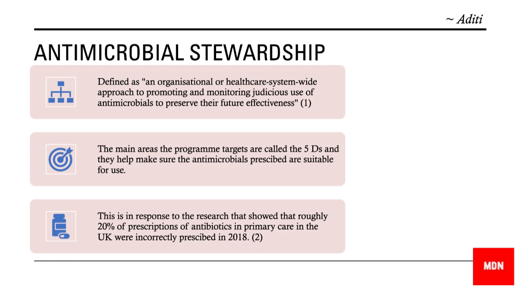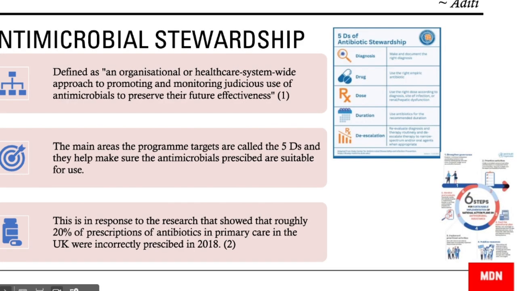This is in response to research that showed that roughly 20% of antibiotic prescriptions in primary care in the UK were incorrectly prescribed in 2018. So the 5Ds of antibiotic stewardship are diagnosis, drug, dose, duration, and de-escalation.